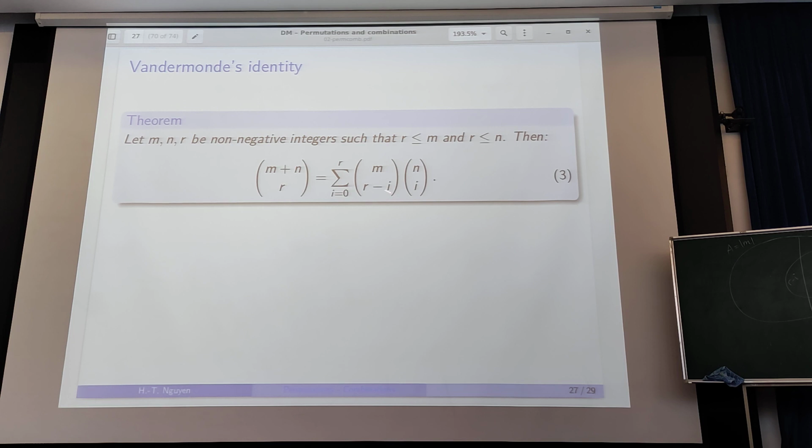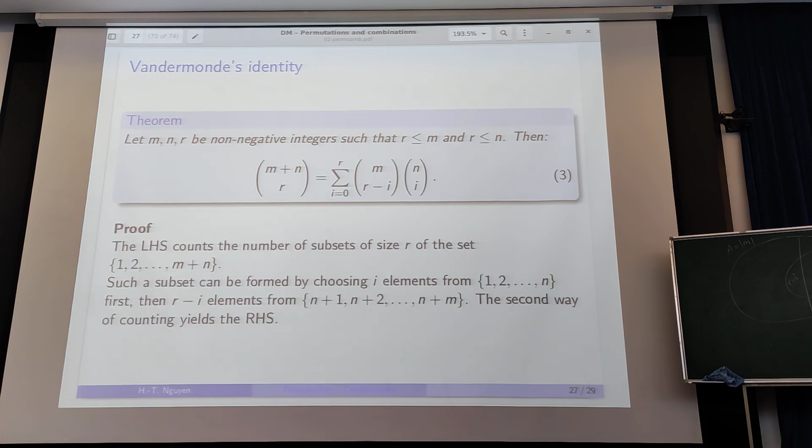So here if we fix i equal to 0, this will correspond to the number of ways to choose a subset of size r inside the left part, and an empty set on the right part, and so on.